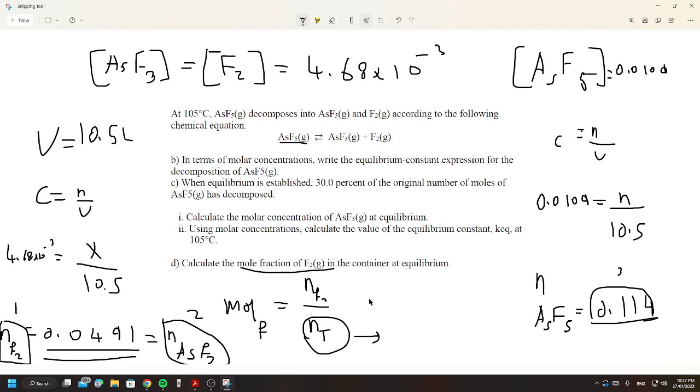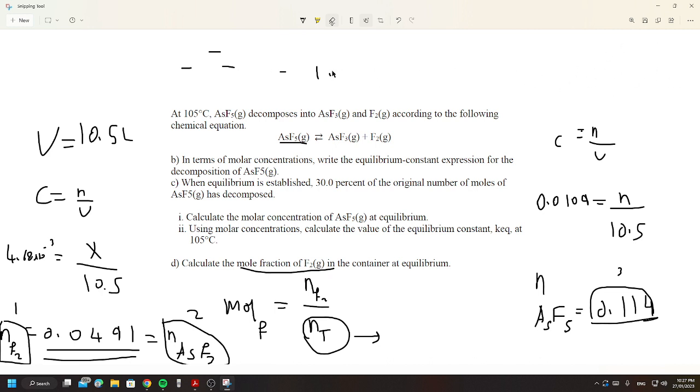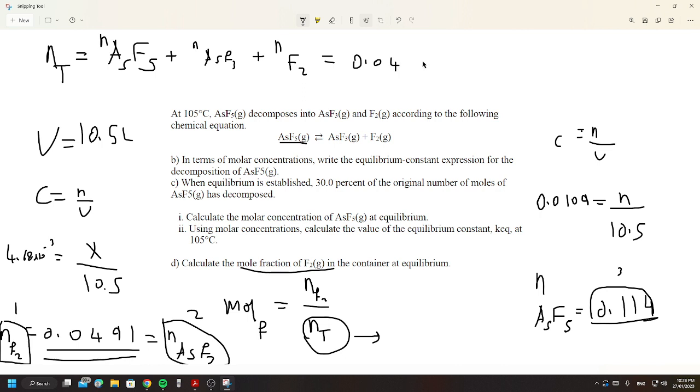So we add all these together: 0.114 plus 0.0491 plus 0.0491 to three significant figures, and total is 0.212.